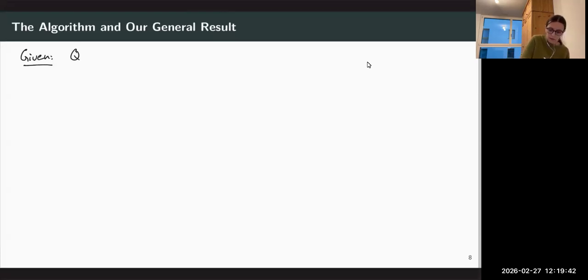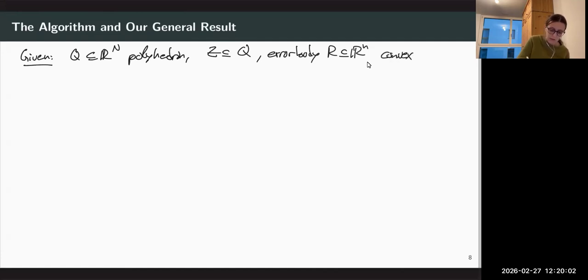So here, let me say what the algorithm is. We have our Q subset of R^n, that's a polyhedron. We have Z subset of Q, and we have our error body R, a subset of R^n, which is convex with 0 in R. And we are given this FPRA, our face-preserving rounding algorithm.